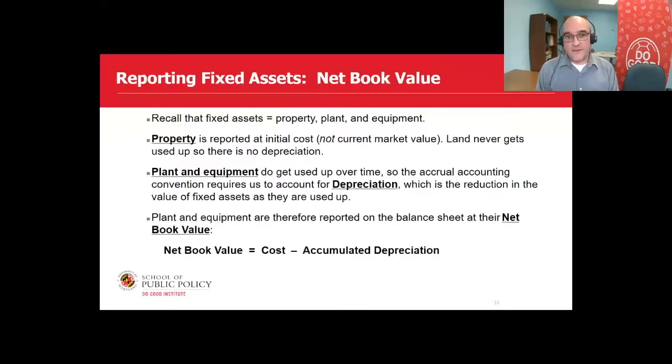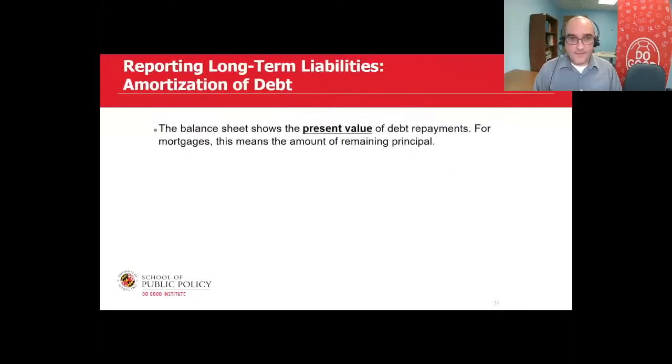With plant and equipment, the value does decrease based on use, and we call that decrease in value depreciation. What we record for plant and equipment on the balance sheet is the net book value, which is the initial cost minus the accumulated depreciation associated with the use of those assets, those fixed assets.